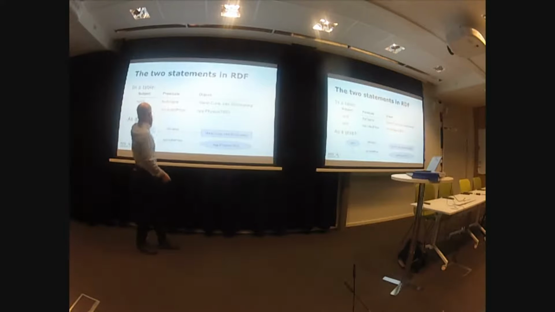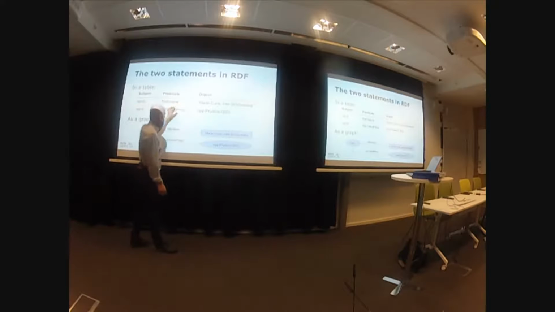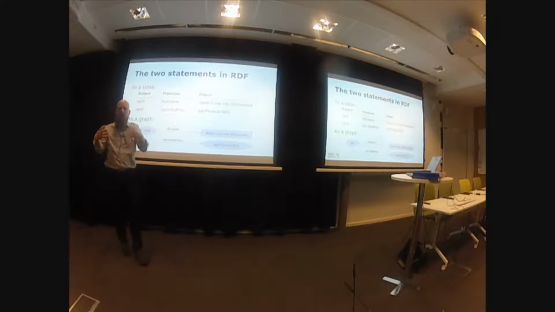So the relation is label or name to an object. And Marie Curie also has a Nobel Prize. The relation says Nobel Prize. We're connecting two things, Marie Curie and the Nobel Prize, which means that we are considering the Nobel Prize to be a thing, an entity, which we can describe and make statements around.